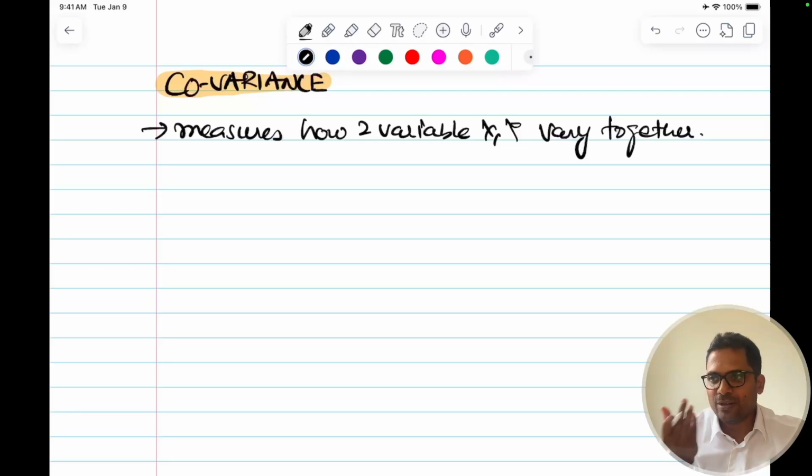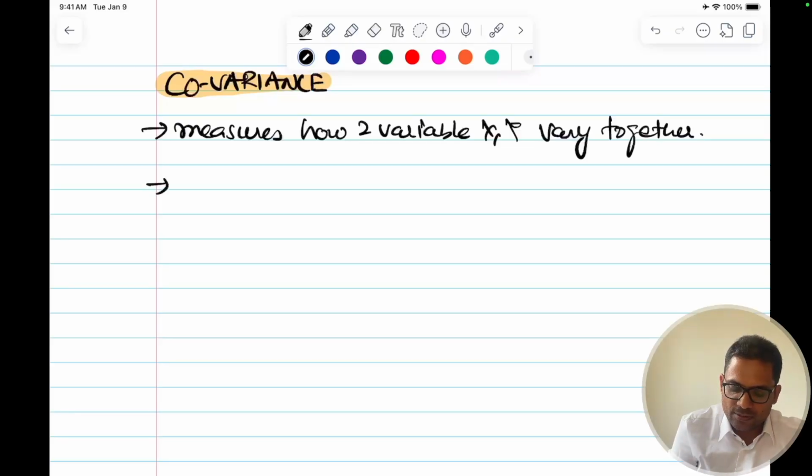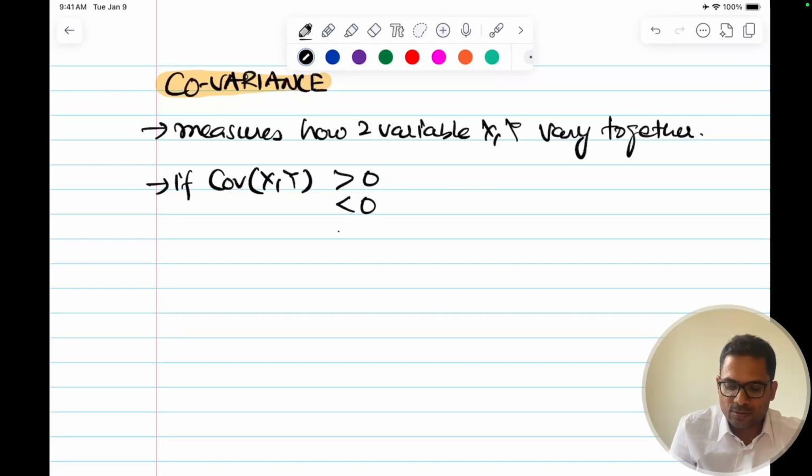So the values, if it is given by covariance of x comma y, will be either greater than 0, less than 0, or equal to 0. If it is greater than 0, it's positive, which means x and y vary positively: if x increases, then y also increases.